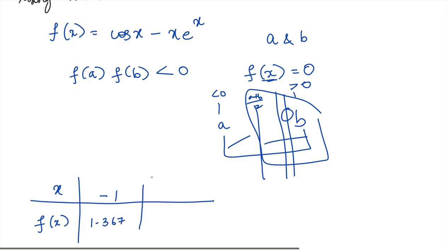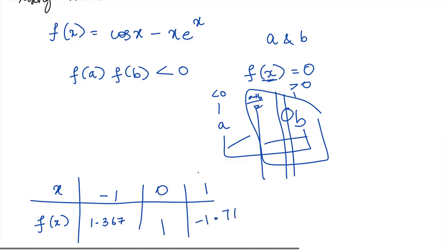Just one small note here that we should change the mode to radians in some of our calculators. By default it might be degrees, so for the correct results we have to change it to radians while we are solving the questions. So let's substitute 0 now. So f of 0 is 1. Let's substitute 1 now. F of 1 is minus 1.71.